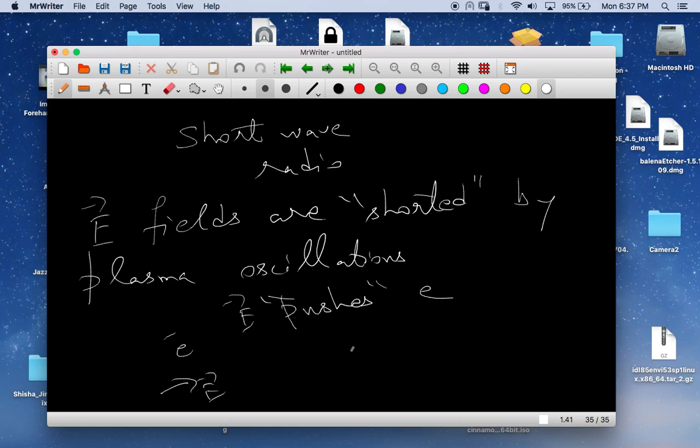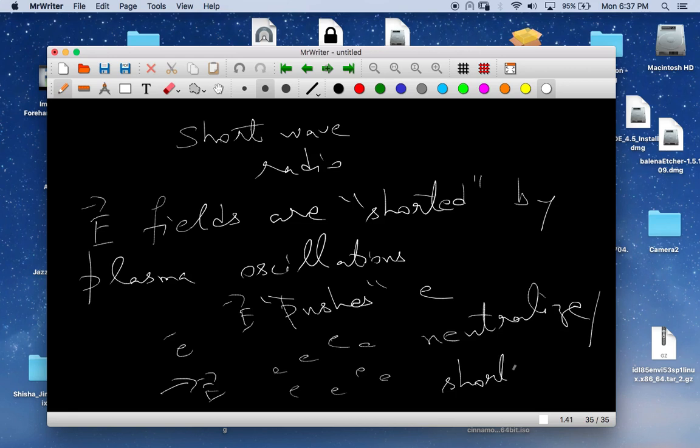but you see, a plasma is a whole lot of very, very mobile electrons, right? So if an electric field tries to push an electron this way, a whole bunch of these mobile electrons will immediately rush in and neutralize, or short, in electrical engineering language, the E field.